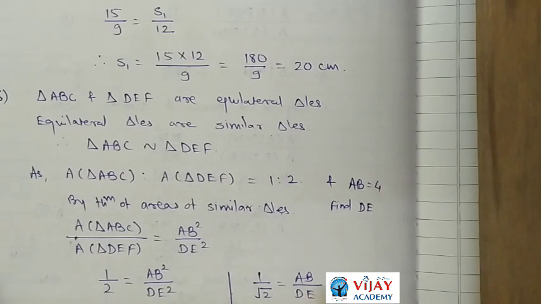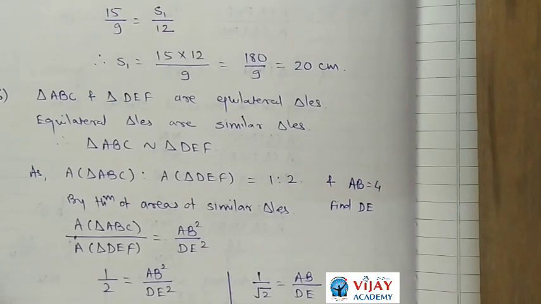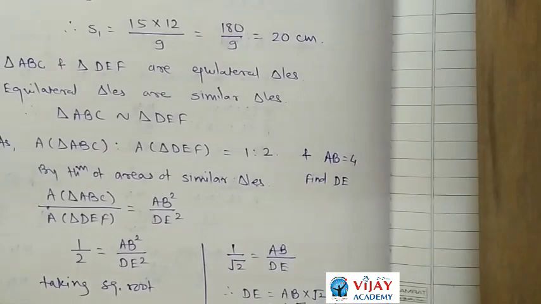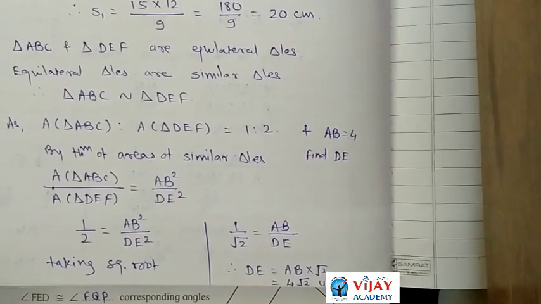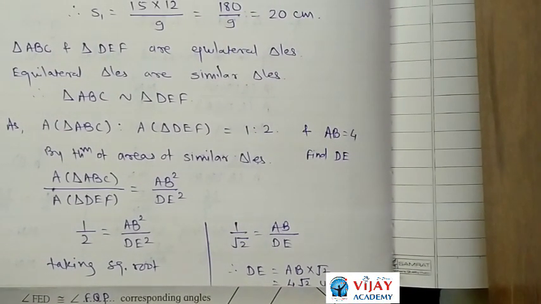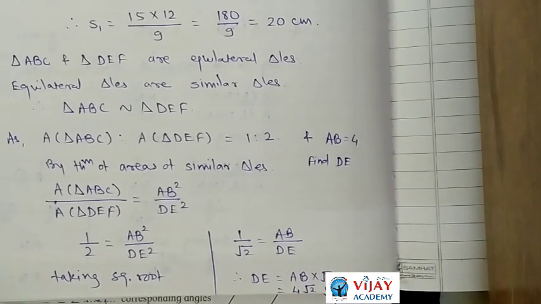Now DE is equal to AB into root 2. Now substitute the value of AB as 4, so we get 4 root 2 units. So the value of DE is 4 root 2 units.